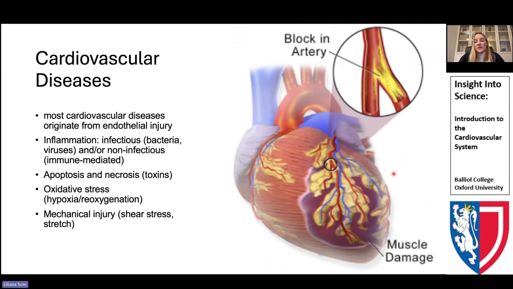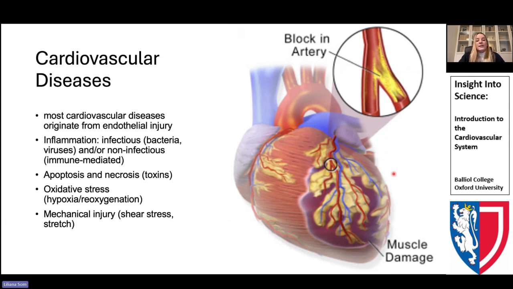This injury can be a huge variety of things, such as inflammation, different types of bacteria and viruses causing inflammation, or damage to the vessel wall and the consequent inflammation. That can also lead to apoptosis and necrosis, so death of cells within the arteries.